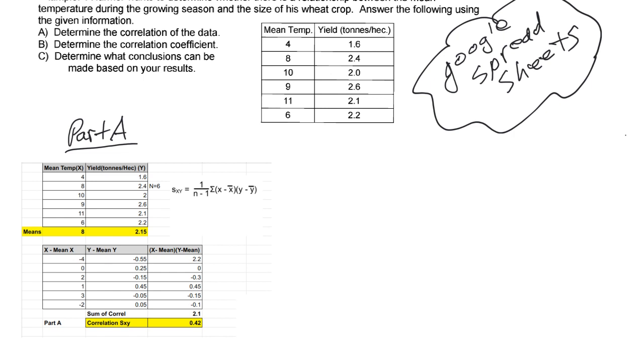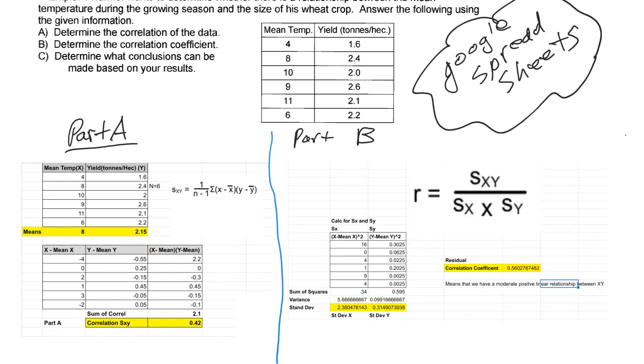Now, the next thing that we had to do is it said determine the correlation coefficient, right? So for part B, this is what we have. For part B's calculation, we had to calculate this thing, the residual, otherwise known as the correlation coefficient, right?